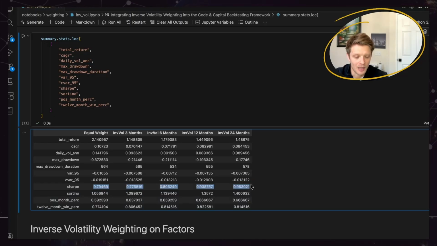Also, looking at the Sharpe ratio, we can see that the Sharpe ratio for an equal weight portfolio was around 0.79. It's similar to using the inverse volatility 3 or 6 months measures, which also rank around 0.8. But if you look at the Sharpe ratios for the 12 months and the 24-month look back, you can see a clear improvement. And that's just by the definition of having a very low volatility.